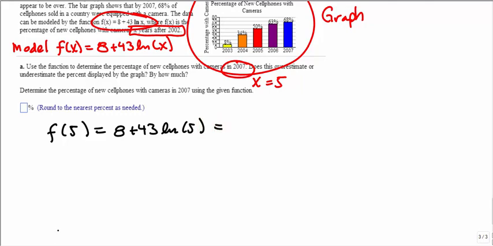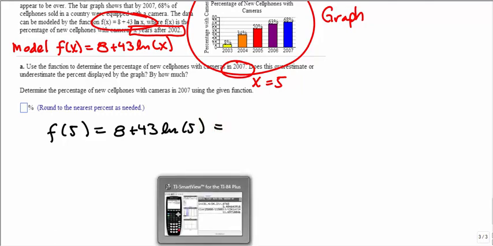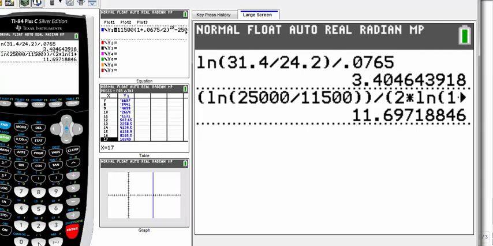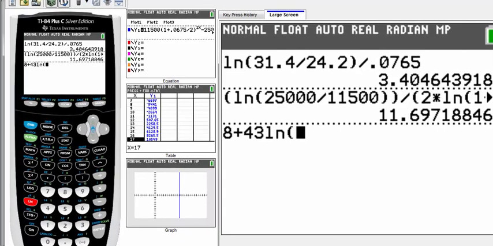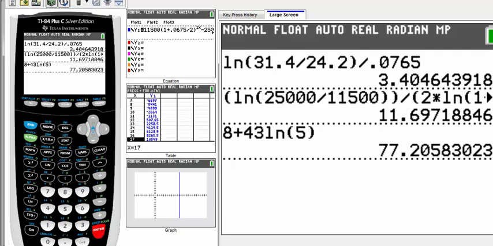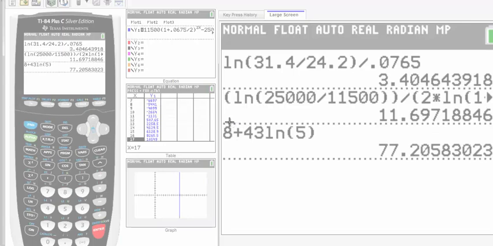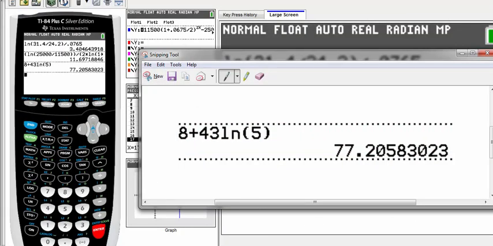So let's go ahead and plug this into calculators and see what we get back out. 8 plus 43 ln of 5. Whoops, this is off the screen. 8 plus 43 ln of 5. So 77.205. Now this is a percentage. So this is an estimate of the percentage.